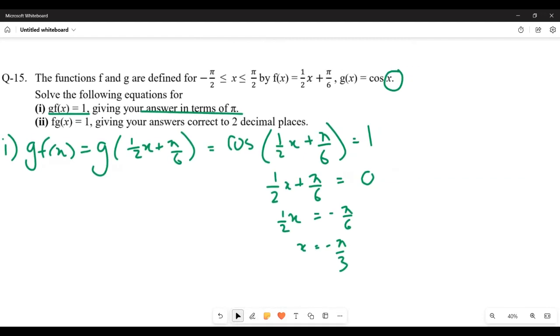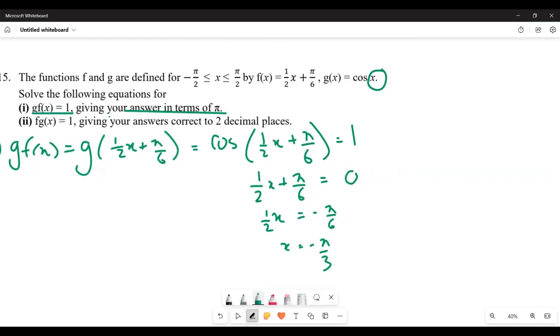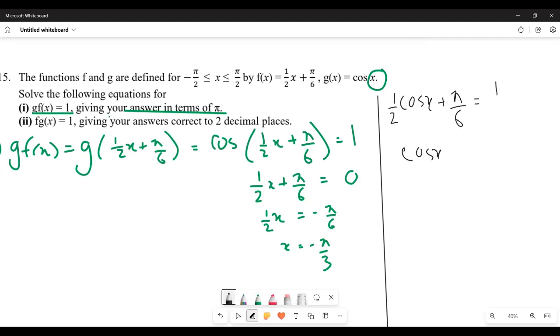For the next part, it is fg(x) equals 1. Half cos x plus pi by 6. Yes, good. Equals 1. So make cos x the subject. That's going to be minus pi by 3.